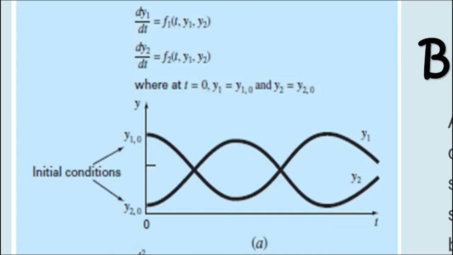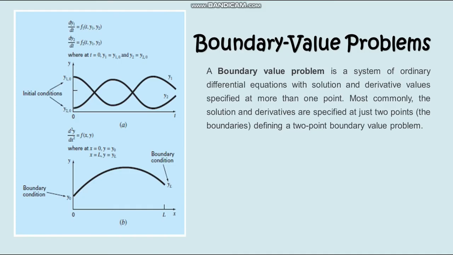Another equation is dy sub 2 over dt is equal to f sub 2 of t, y sub 1, and y sub 2, where at t equal to 0, y sub 1 is equal to y sub 1, and y sub 2 is equal to y sub 2, as always.